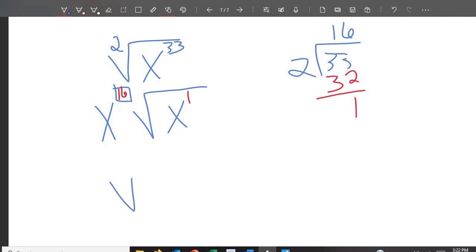Let's say I had the square root of, let's do 2 variables, 4 y to the 9th.